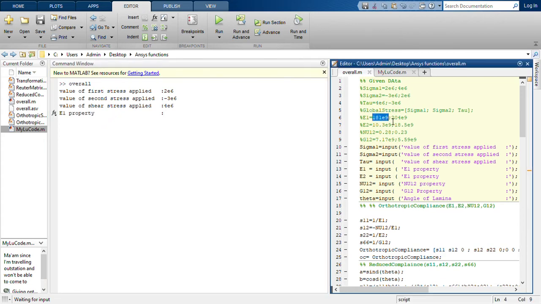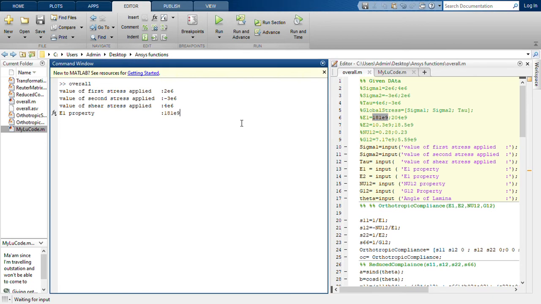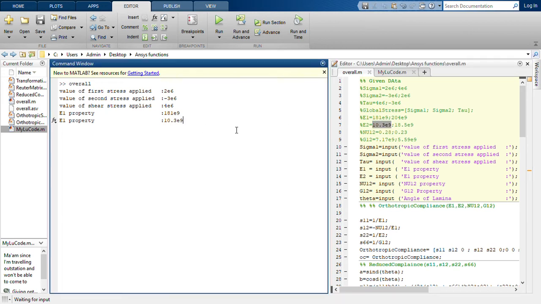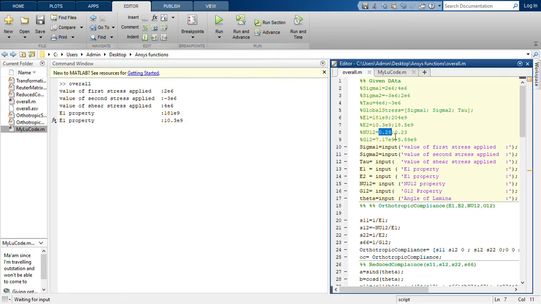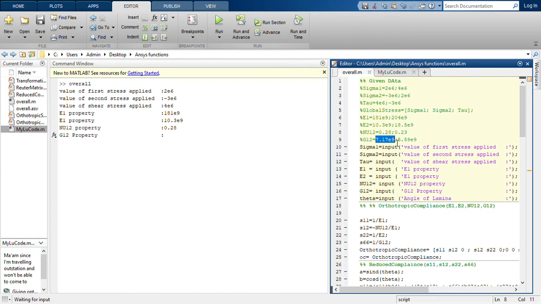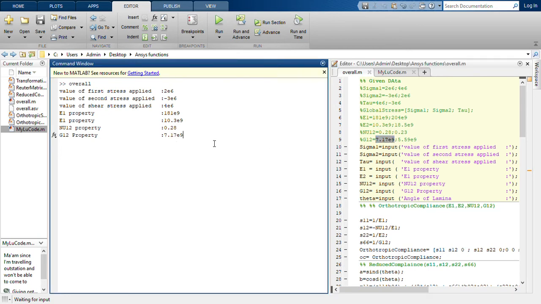Now these properties are taken from table 2.1, and G12. So now we have entered everything. Now it asks for the angle of lamina, so we give 60 as per example 2.7.